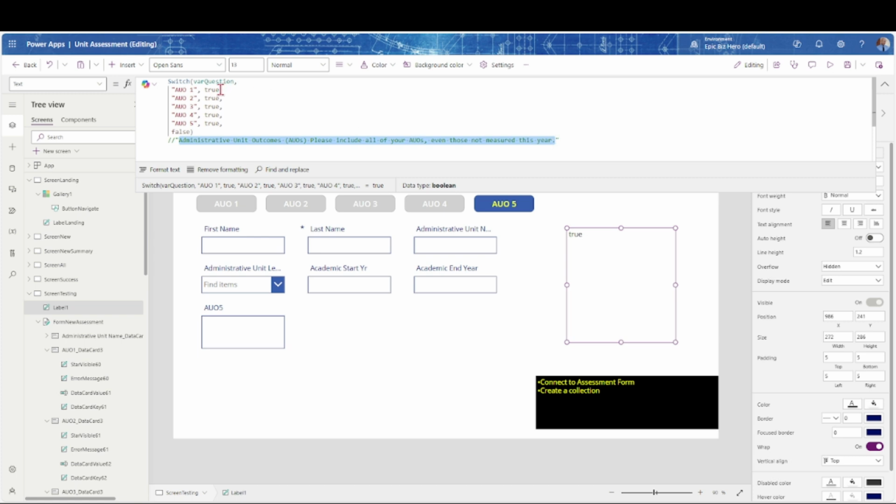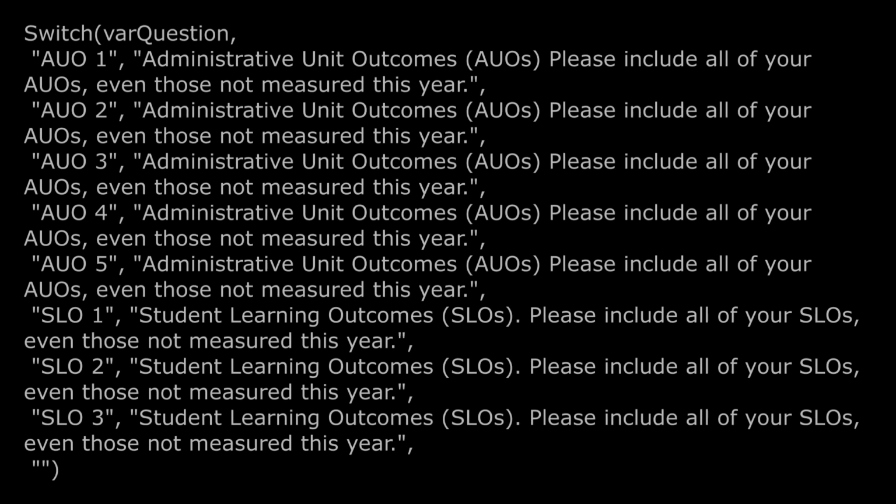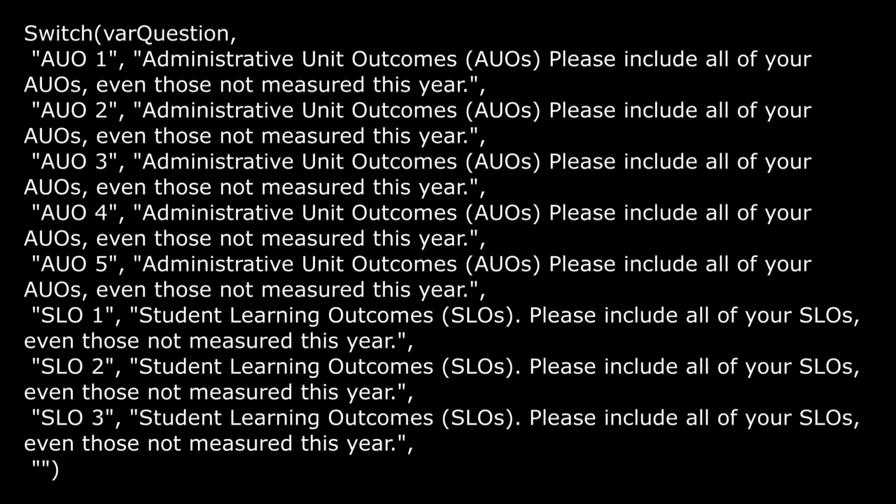Replace true after each condition. Be sure to include quotes. And for the 3 SLOs, make sure you paste in that wording. This is what your completed formula will look like. Pause the video.